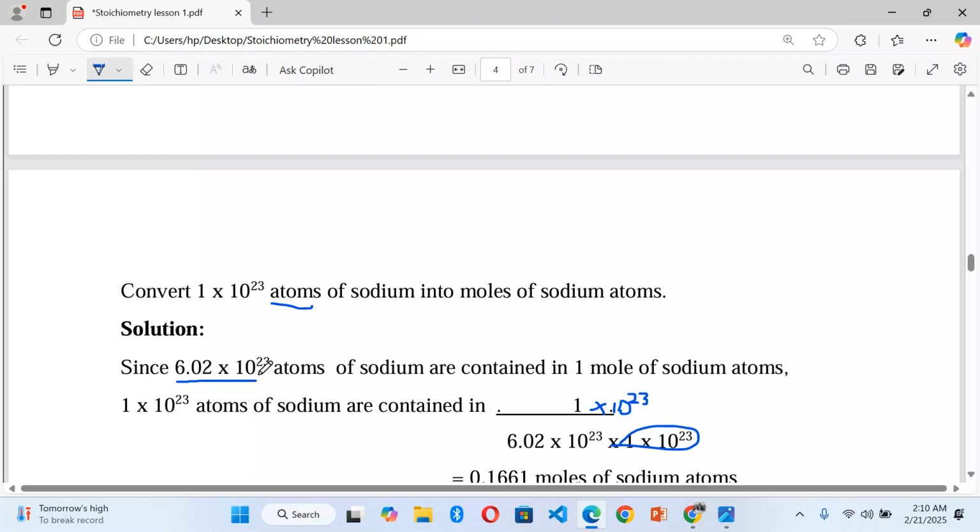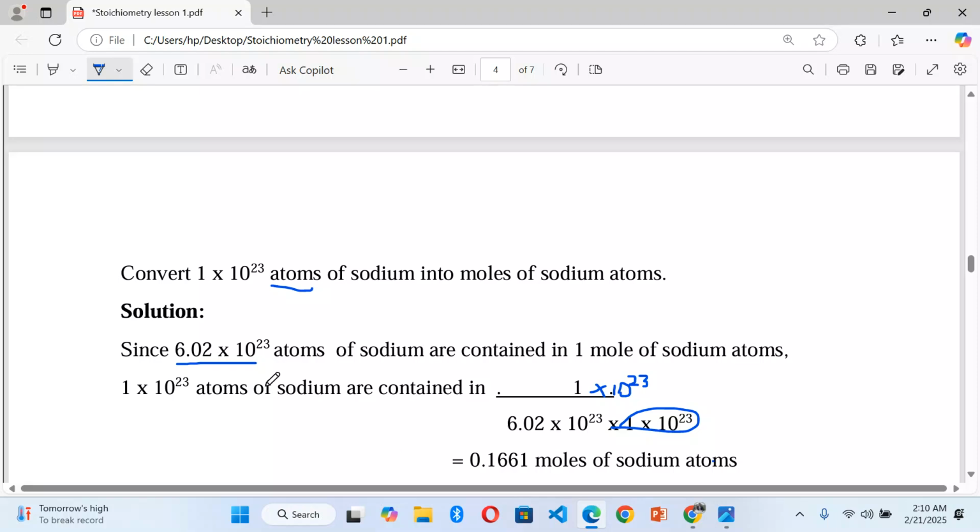I believe we know this mathematics. If these atoms of sodium contain 1 mole, what about these atoms? Which means these atoms of sodium are contained in this, so we multiply by this over the one which we had at first.